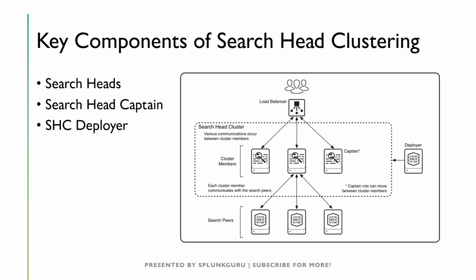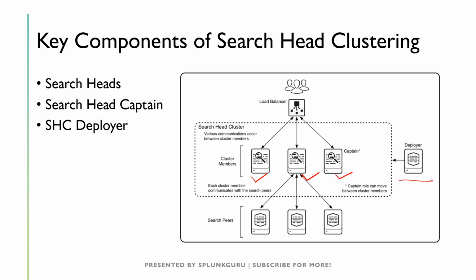Here I have put in one small diagram of how the clustering actually looks. The diagram shows three search head cluster members, 1, 2, and 3, and then you have the deployer. We will discuss all these terms.